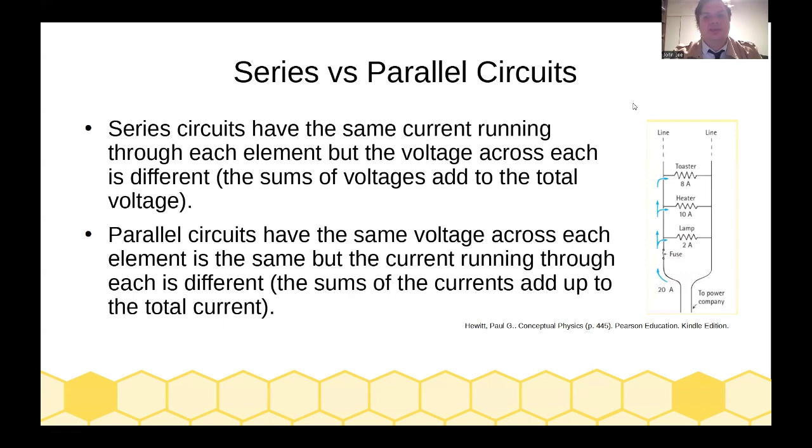But this also means that for every appliance that you add, you are going to have less of the total resistance. What this means in turn is that there is going to be more current, because it has different pathways to go through.